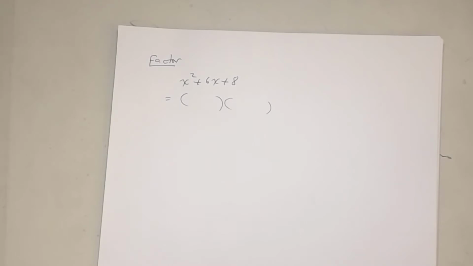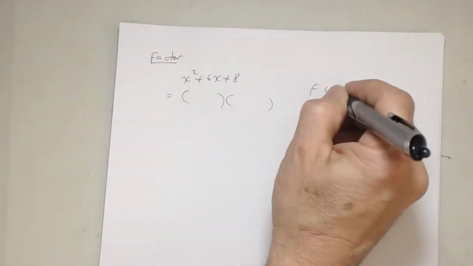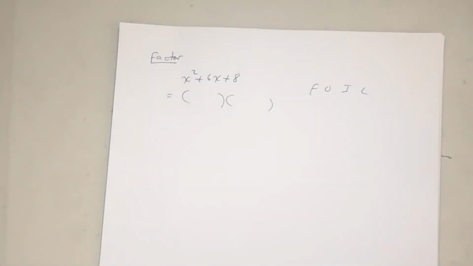All right. This section that we're about to do is the easiest of all the sections for the remainder of this chapter, and you're going to see why. You're just going to use reverse FOIL. So let's think about this. You're going to do the F first.